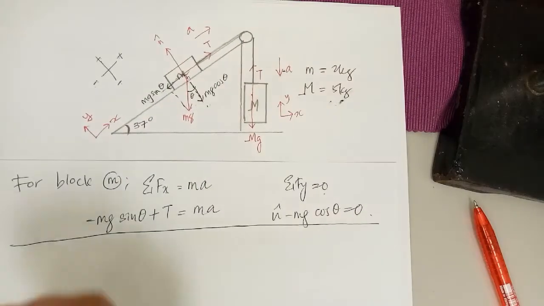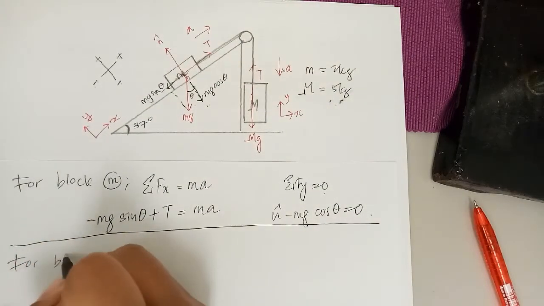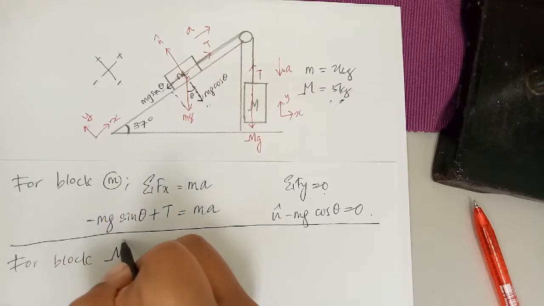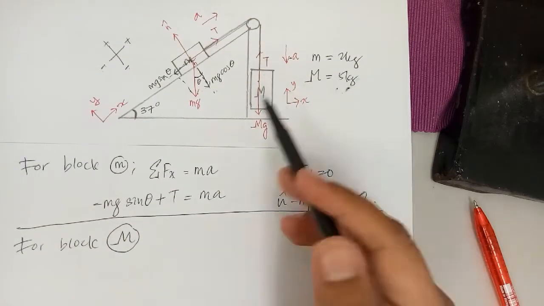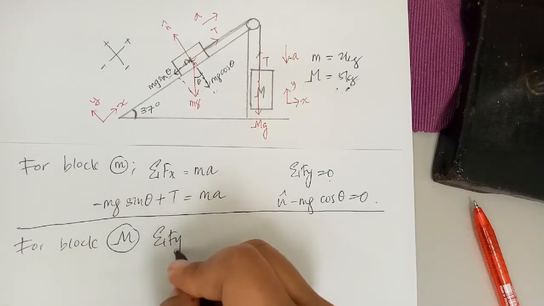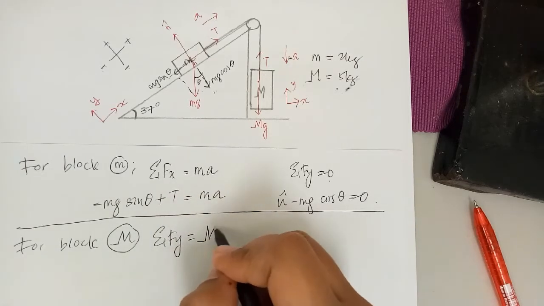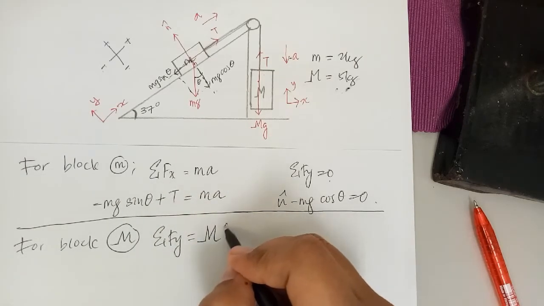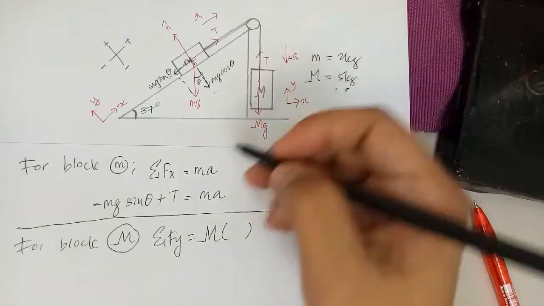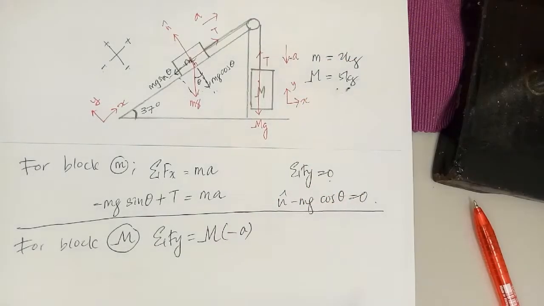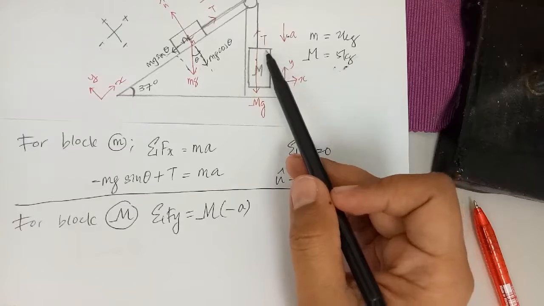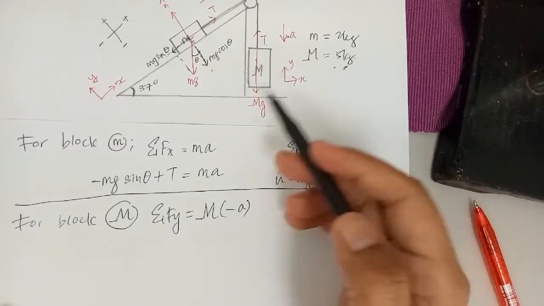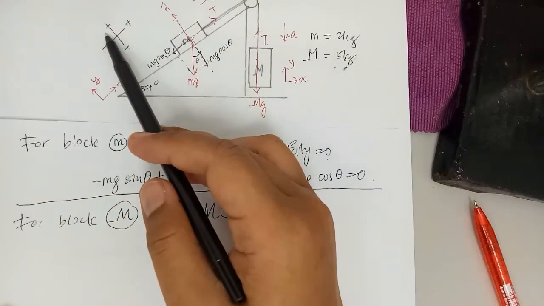What about block capital M? Block M moves in the y direction, so all the forces in the y direction contribute to its movement. But remember, since a is going down, you have to put a negative. We only have two forces, tension and the weight. Tension is going up, so positive.